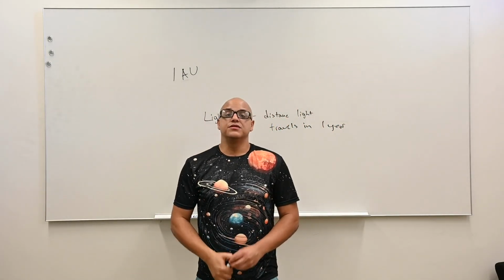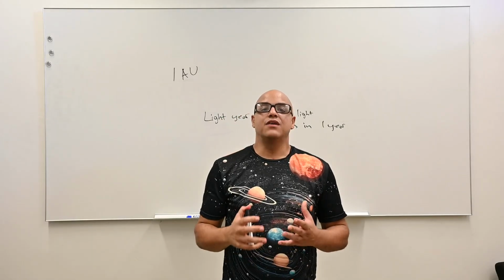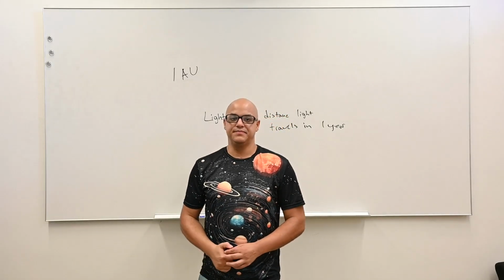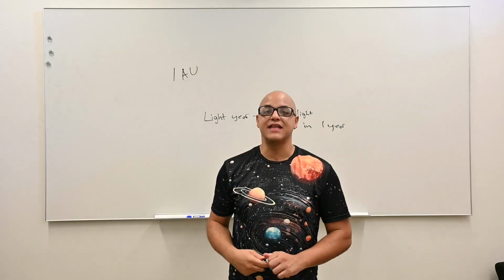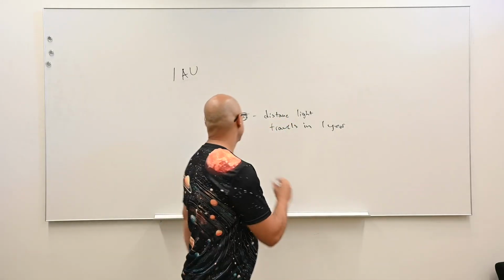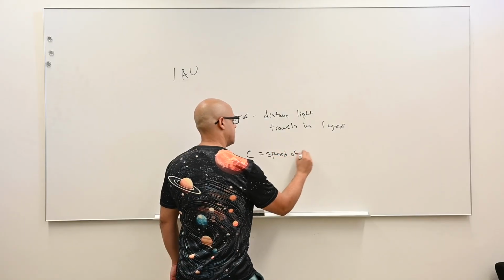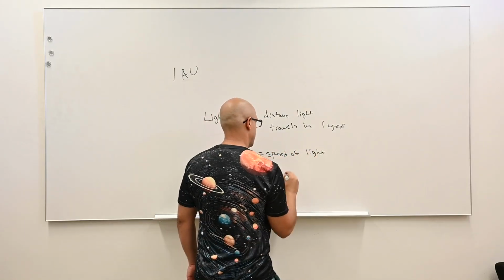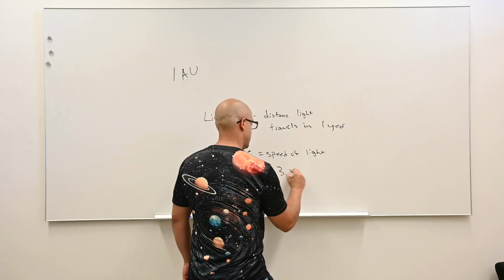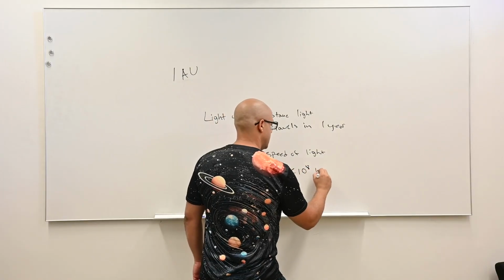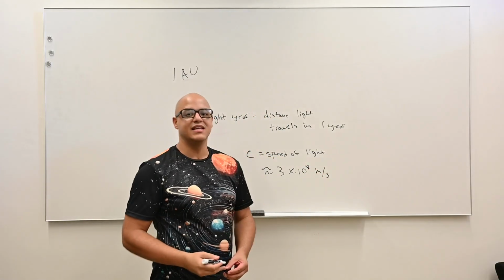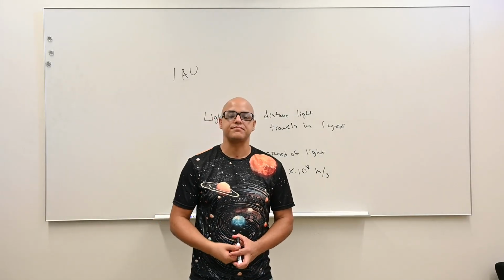Since light travels at about 186,000 miles per second, that number adds up to a staggering number. This is about 3 times 10 to the 8 meters per second.